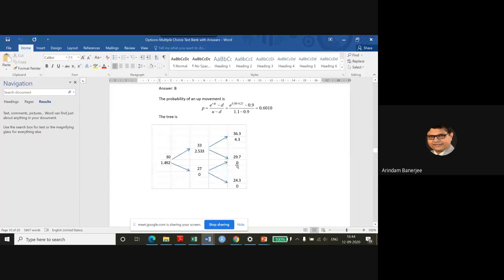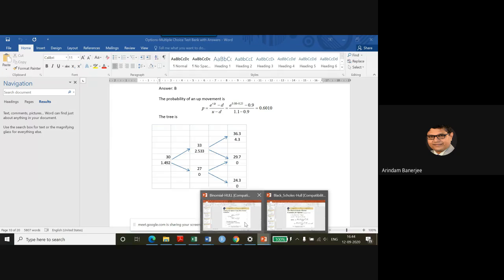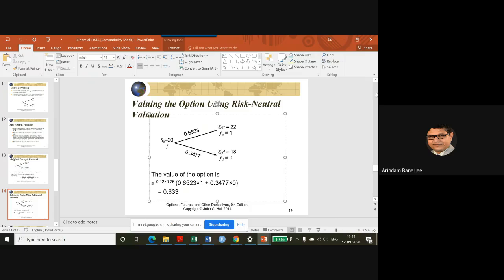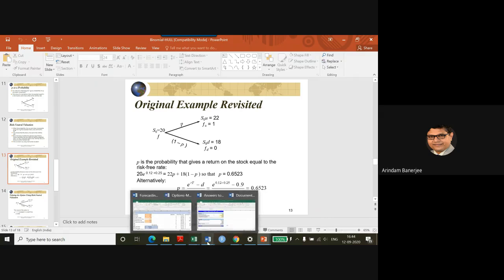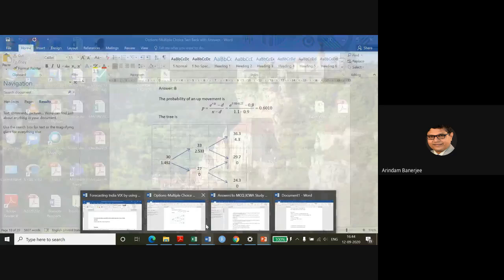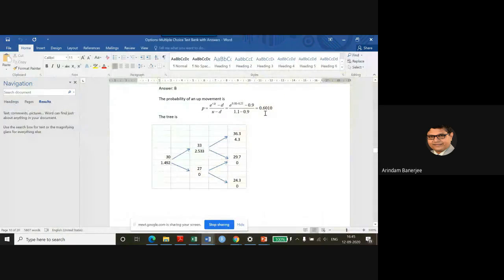Now I am again coming back. First I am moving from left to right, then again back calculating from right to left. So I calculated P. I can calculate P by using this method. They did it by using this formula, or we can do it like this also. The result will be the same. Okay. So the value of P which we got is 0.6010.